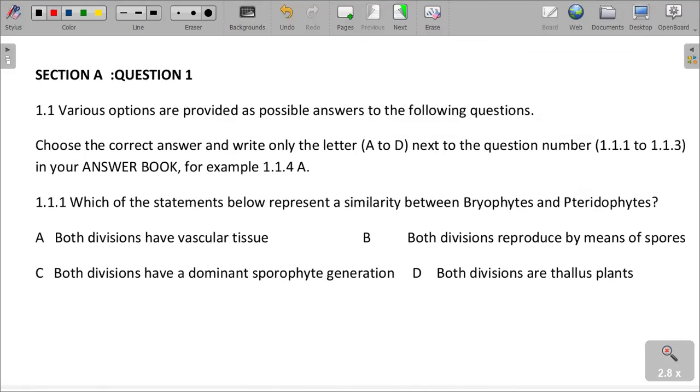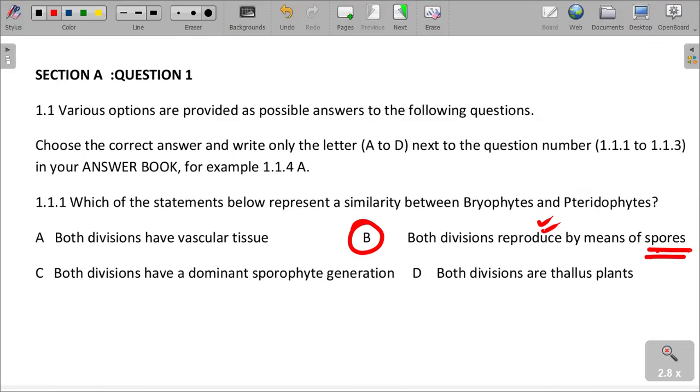So what I want you to understand is that the exam will always come, and the answers which are given will be more or less correct, but the question wants you to give the most correct answer. So with the given options, we can agree that both divisions reproduce by means of spores. They both reproduce by means of spores, as I have just mentioned.